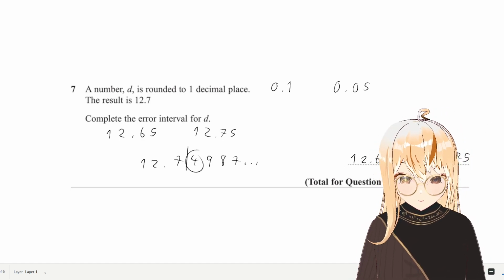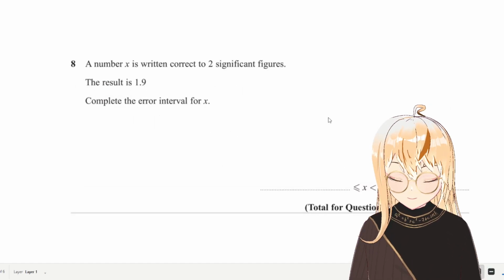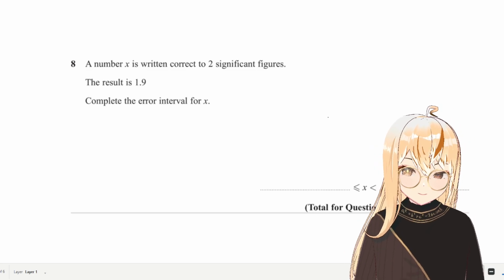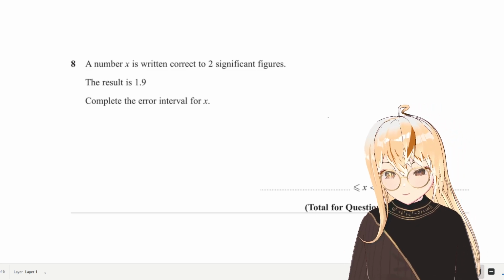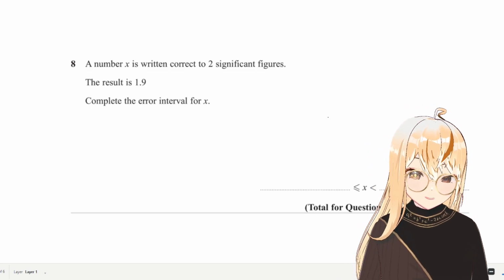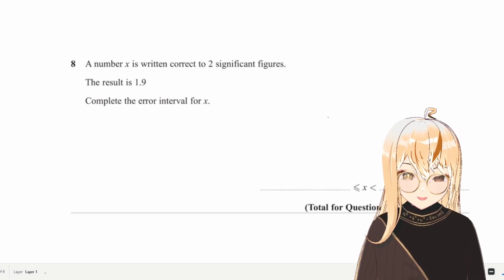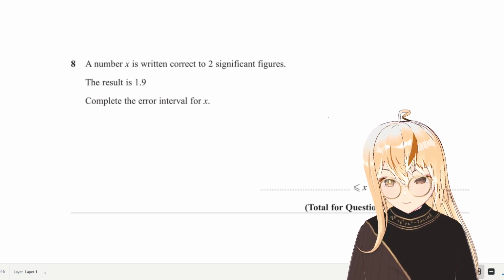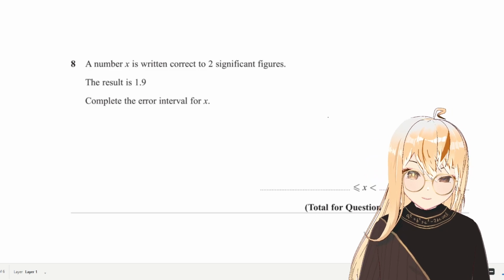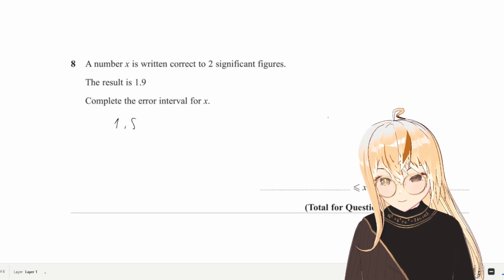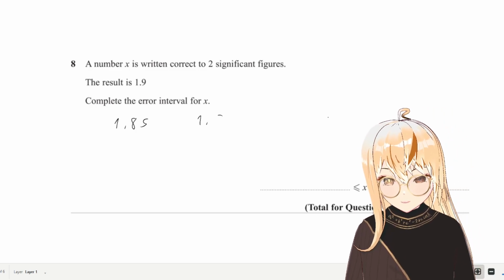So that's quite simple. The next question is about pretty much the same thing, but now it's to two significant figures, which in this case is basically one decimal place again. So we can just do the subtract and add 0.05 method and get 1.85 and 1.95.